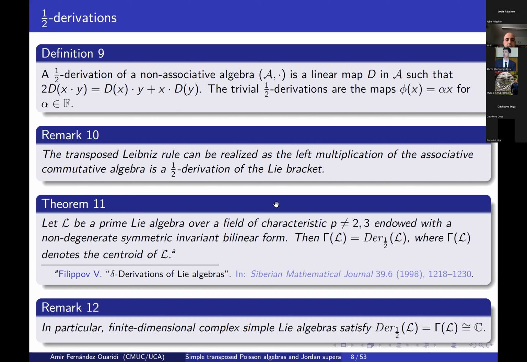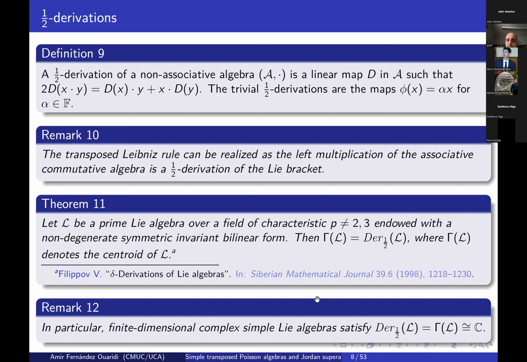If we have a prime Lie algebra over a field of characteristic different from 2 and 3, endowed with a nondegenerate symmetric invariant bilinear form, and we denote the centroid of the algebra by Gamma(L), then we have that Gamma(L) is equal to the 1/2 derivations of L. Okay.